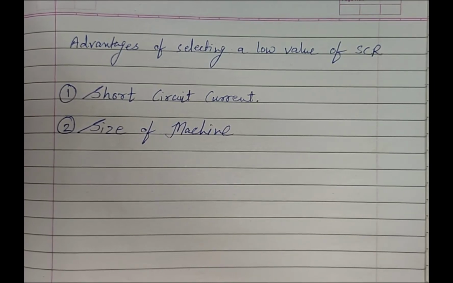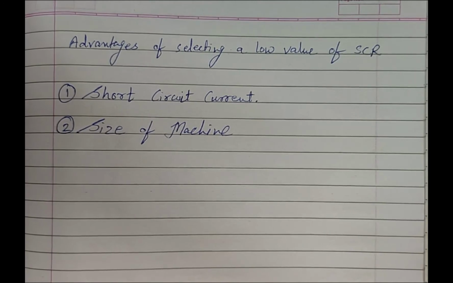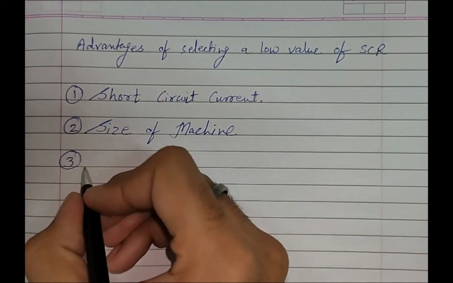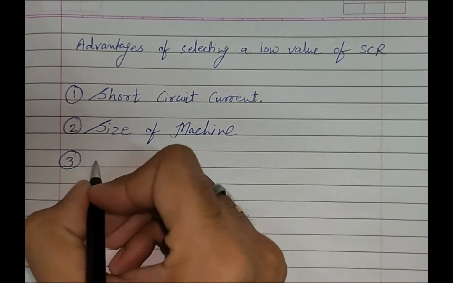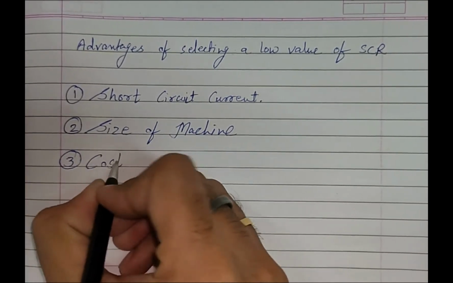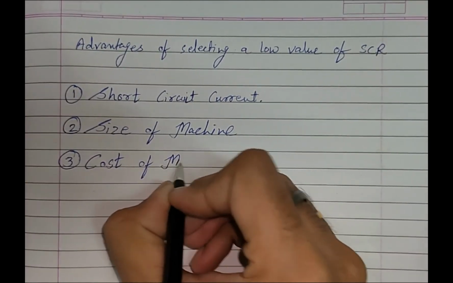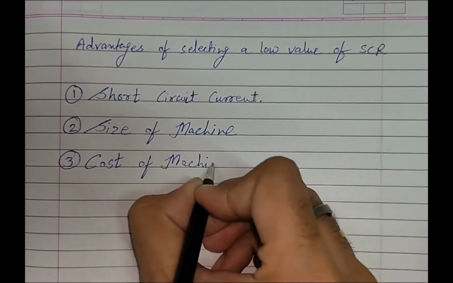The excitation needed will also be much lesser because the air gap length would be smaller. Thus, the overall size of the machine also reduces. Now, since the size of the machine reduces, it would ultimately lead to the economics, and that is nothing but the cost of the machine. So if the size of the machine reduces, the cost of the machine would also reduce.